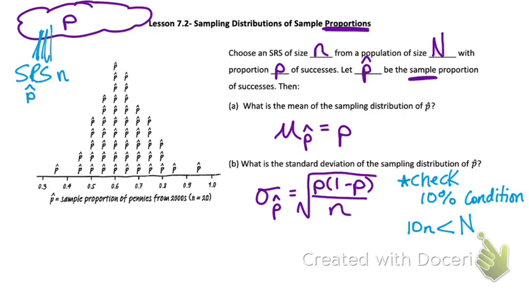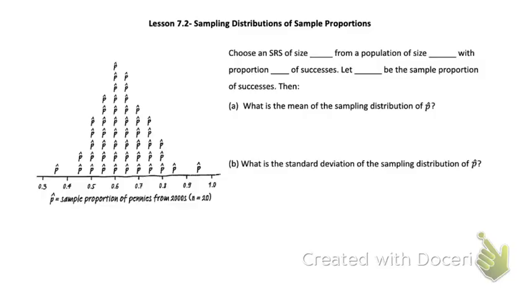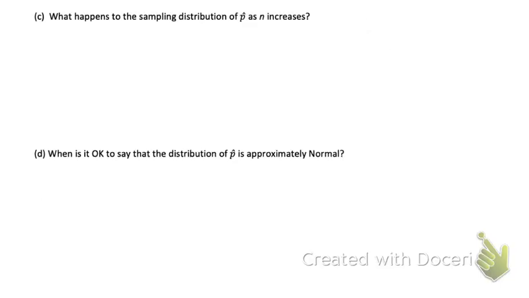All right, so we have our p-hat distribution, we have the mean of our p-hat distribution, we can calculate the standard deviation of our p-hat distribution, and the only thing really that we need to do is to see what shape it is. What happens to the distribution of p-hat if I increase my sample size?